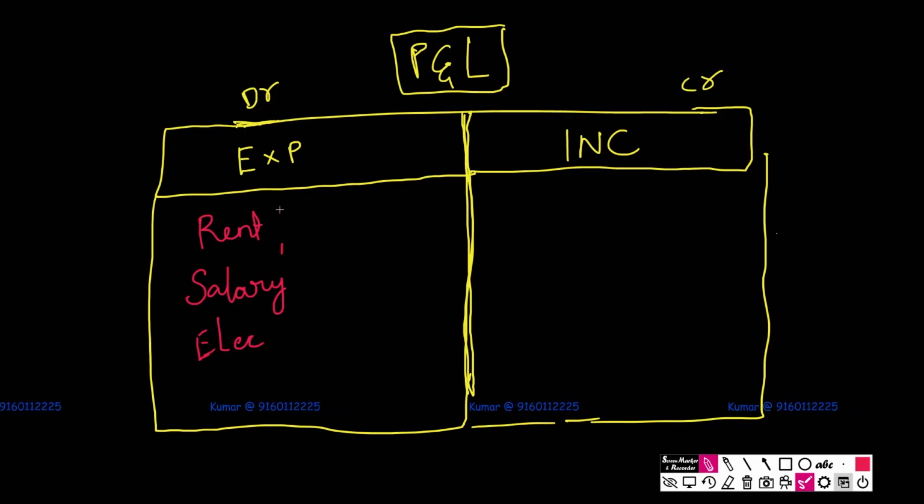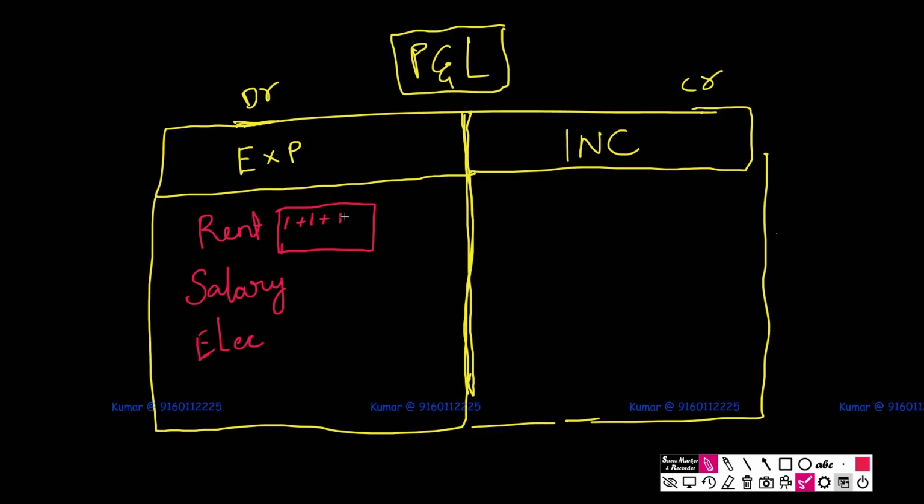So for rent account, if we see 12 months, for example, each month I'm going to pay 1000. So 12 months becomes 12,000. Like this for the entire year, I'm preparing this profit and loss for the 12 months.